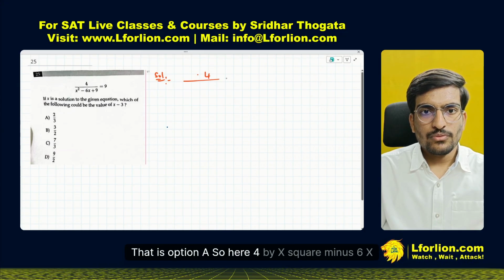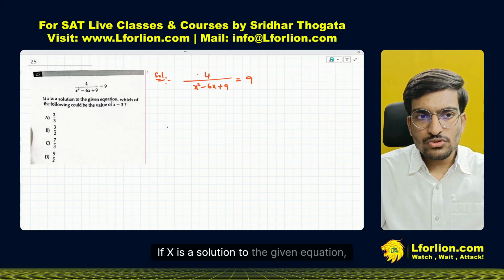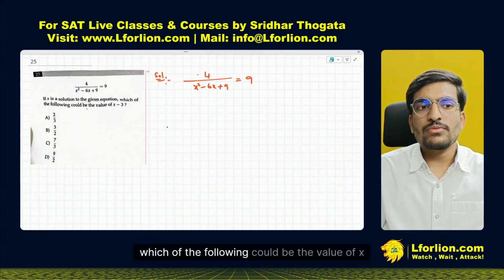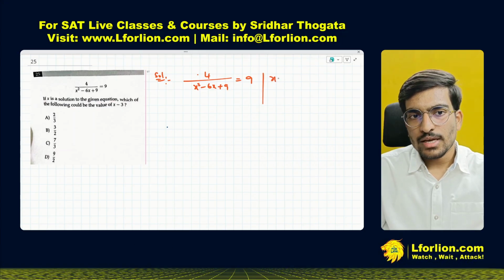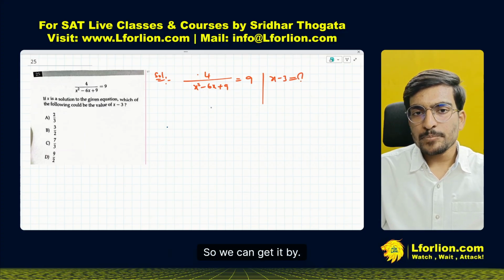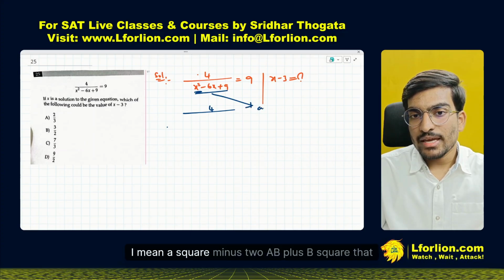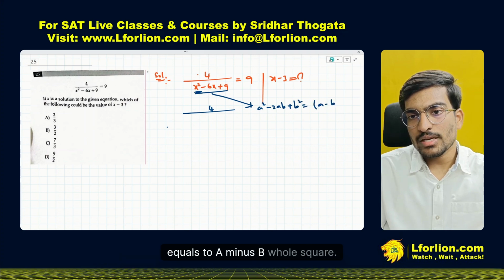So here 4 by 9 equals x square minus 6x plus 9, that equals 9... If x is a solution to the given equation, which of the following could be the value of x minus 3? So we can get it by just watching it carefully. This is exactly looking like (x minus 3) whole square. I mean a square minus 2ab plus b square equals (a minus b) whole square.